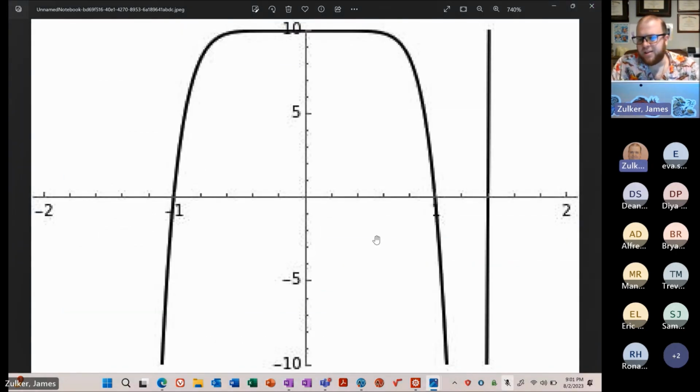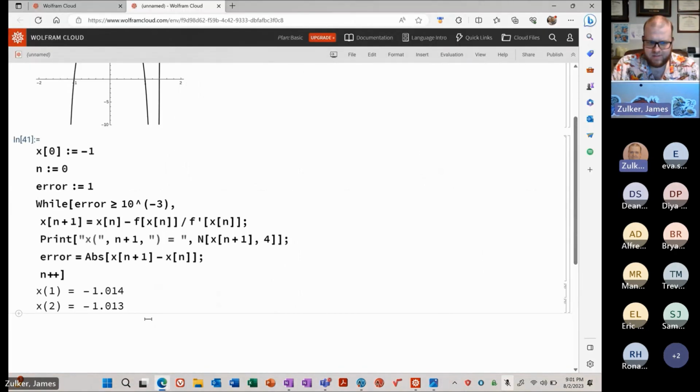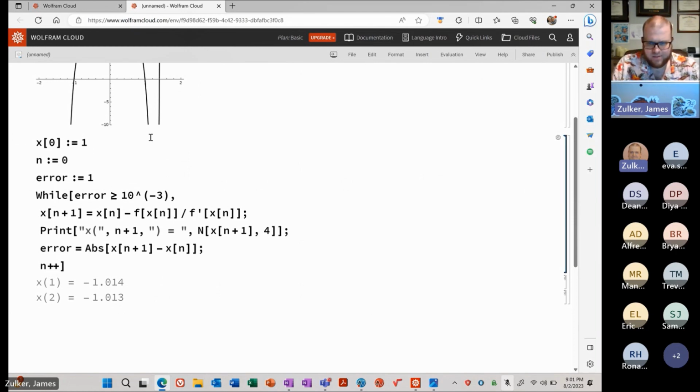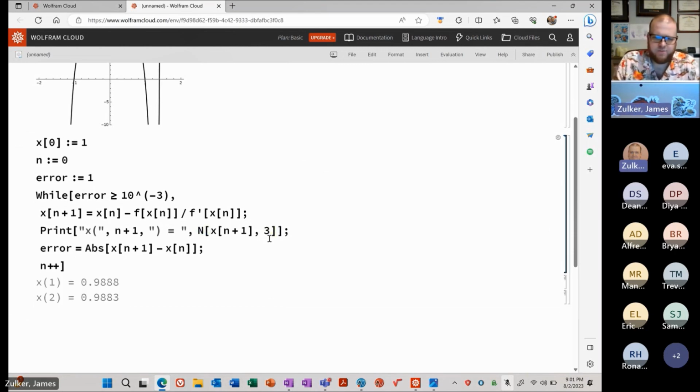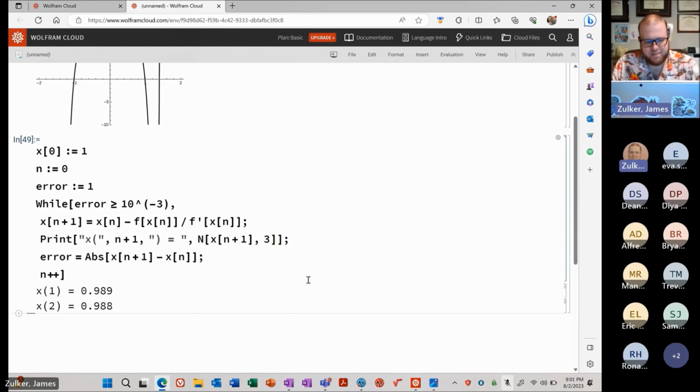All right, what do we think? Guess for the second: 1, looks like, right? I'm going to change this to 3 just so I can keep the 3 decimal places.